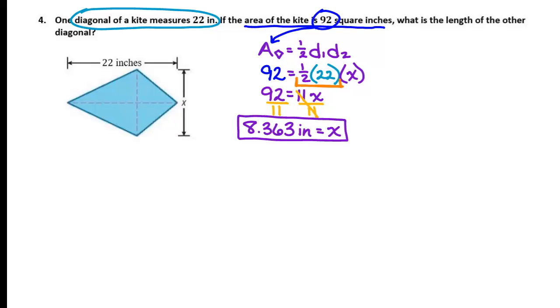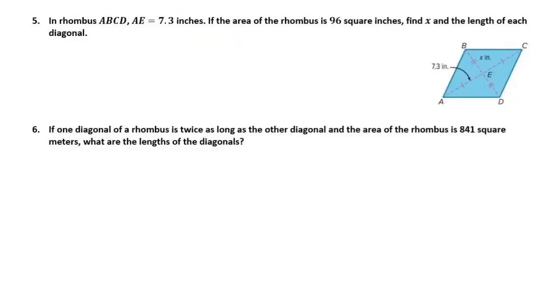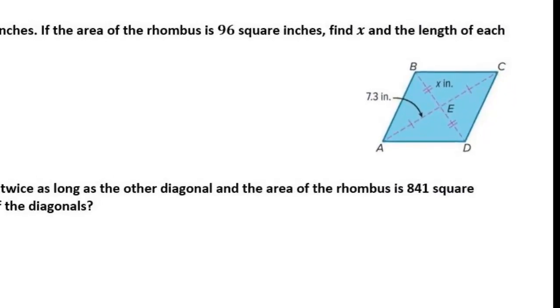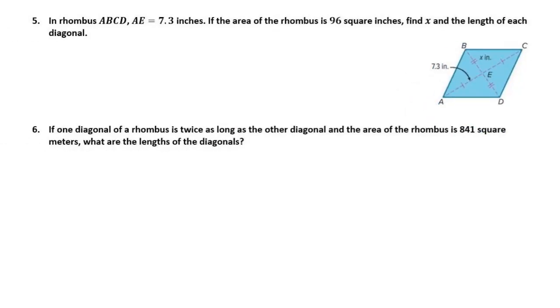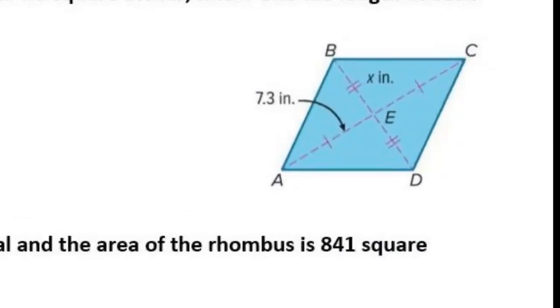We can turn over to page 3 and try another problem that is very similar. In rhombus ABCD, AE is 7.3 inches. If the area of the rhombus is 96 square inches, find X and the length of each diagonal.